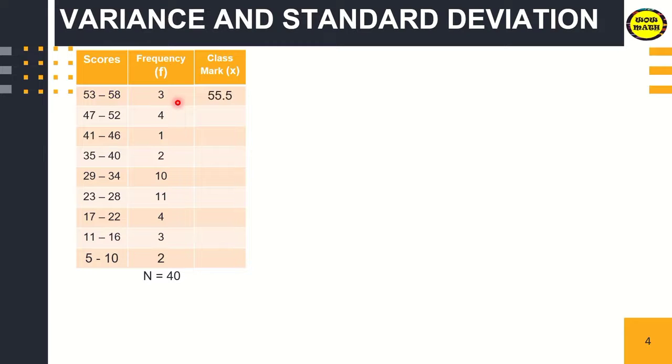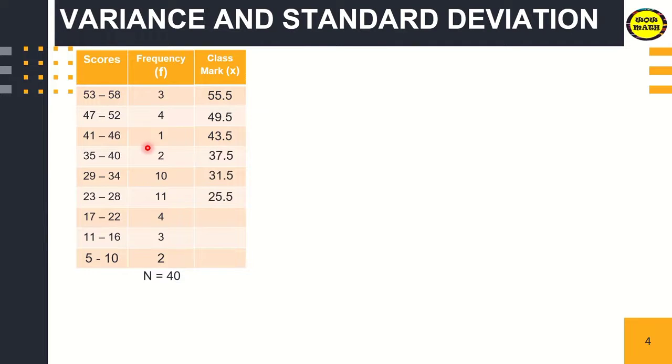Ganon din sa second row, 47 plus 52 divided by 2, that is 49.5. Same process with 41 to 46. 41 plus 46 divided by 2, that is 43.5. So, ganun din sa 35 to 40, that is 37.5.